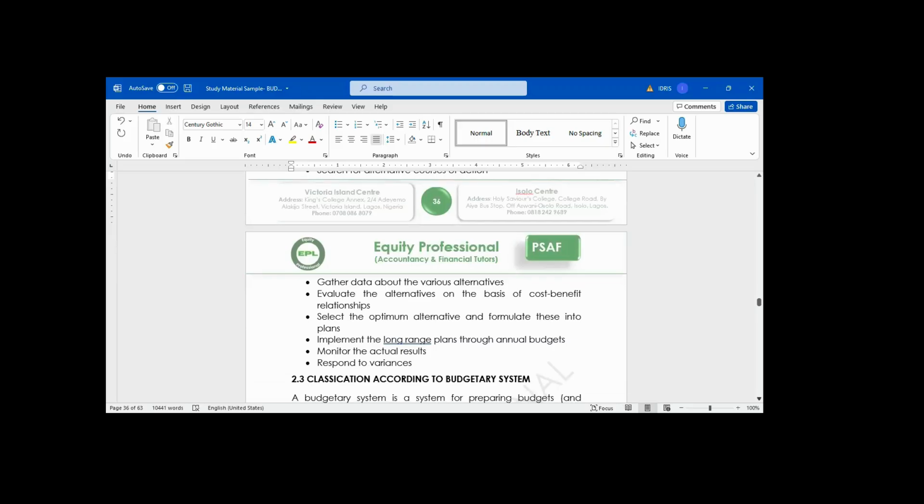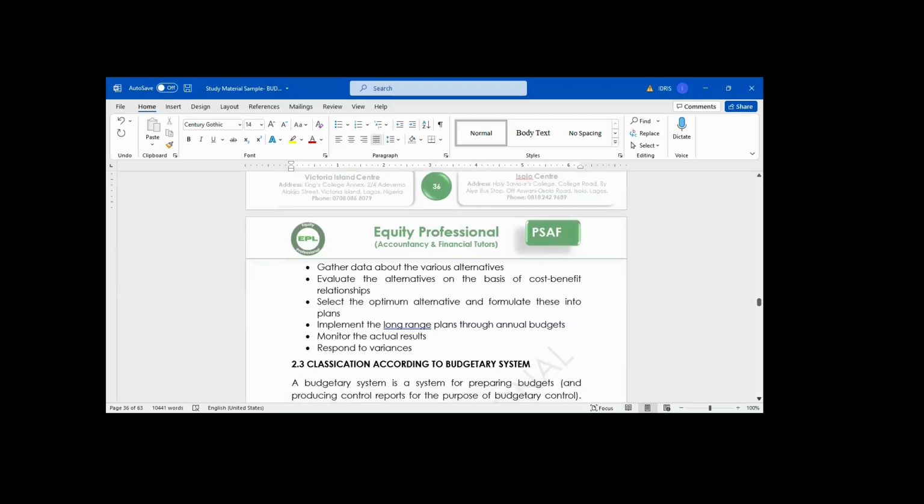Once you gather data, the next thing you need to do, you evaluate the alternative on the basis of cost-benefit relationship. What are the costs of the alternative? What are the benefits of the alternatives open to you? You look at that too.